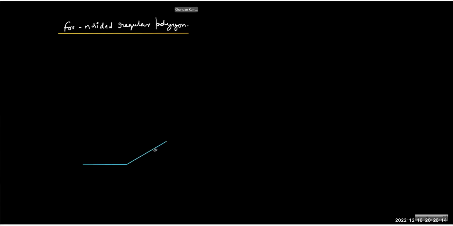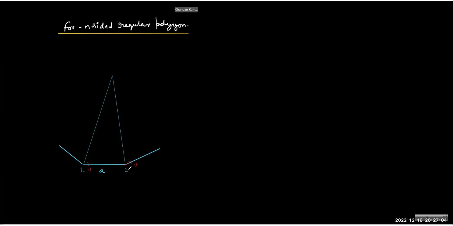For an n-sided regular polygon, we know that every particle is chasing the next particle, let's say with the same speed V.